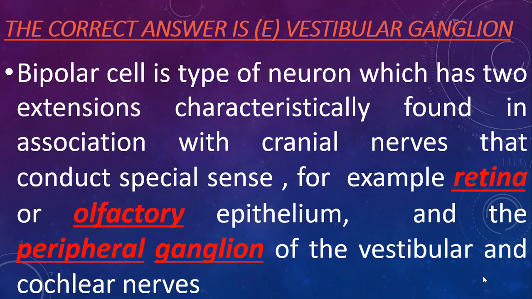Vestibular ganglion. A bipolar cell is a type of neuron which has two extensions, characteristically found in association with cranial nerves that conduct special senses, for example, retina or olfactory epithelium, and the peripheral ganglion of the vestibular and cochlear nerve.